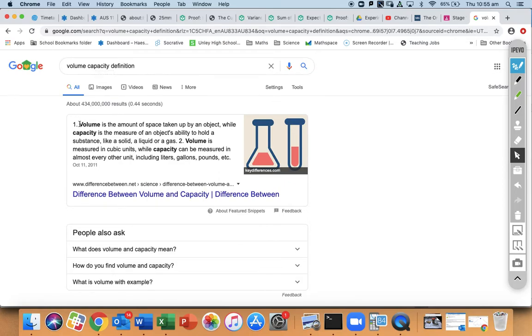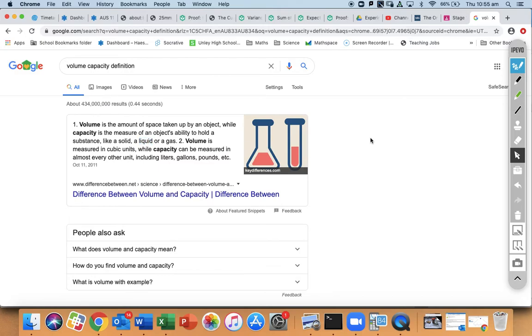The first thing that came up, which looks fine to me, is that volume is the amount of space taken up by an object, whereas capacity is how much the object holds, like a liquid. We're normally talking about liquids, although I suppose technically you could put a gas or a solid substance inside of a container as well.